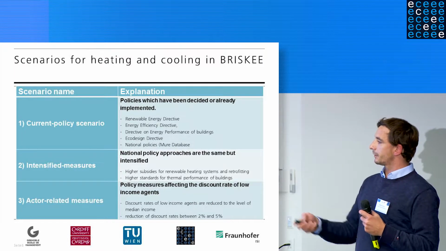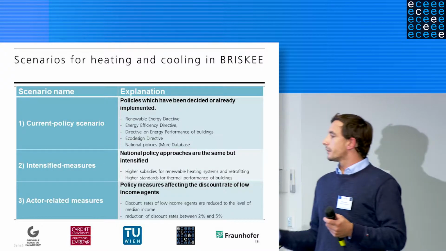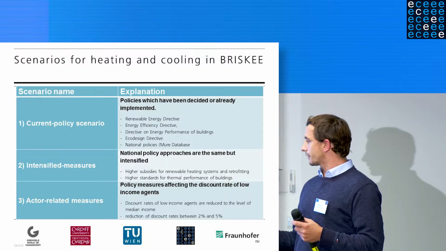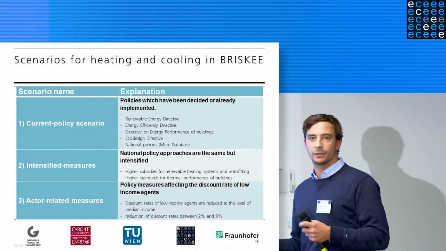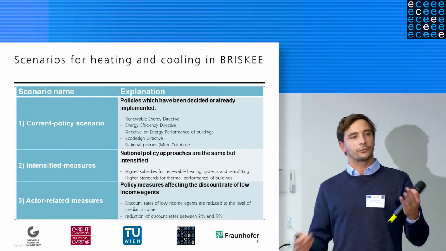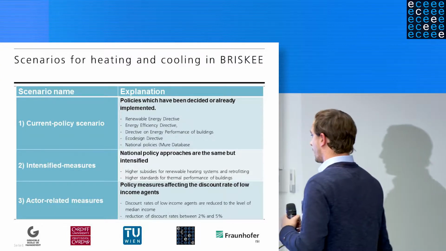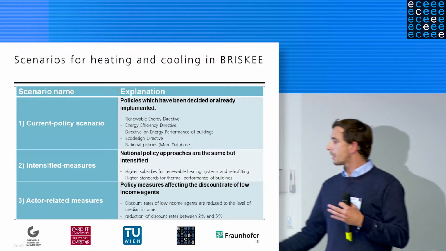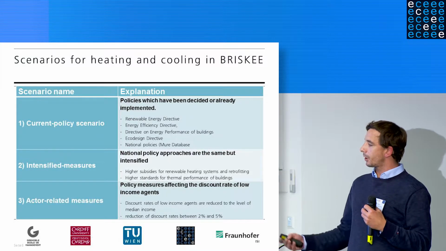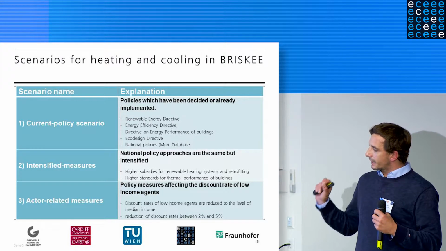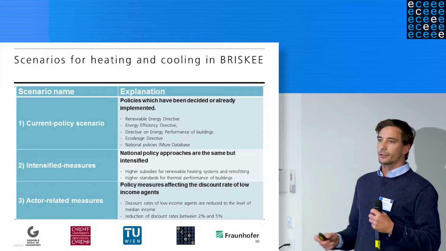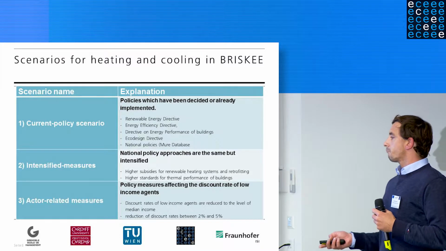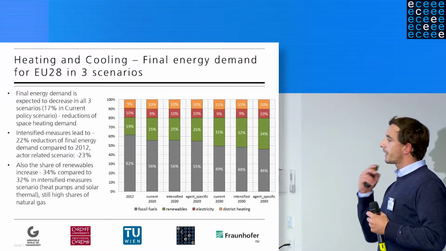And the third one is an actor-related scenario, where we assume that discount rates of low-income agents, which is a result of work package 2, are addressed, where we assume that policy measures are taken that directly address the discount rates of those low-income agents. And yeah, what are the results?